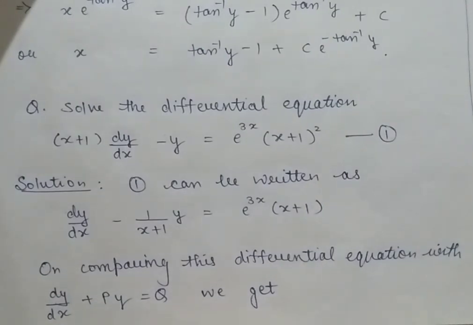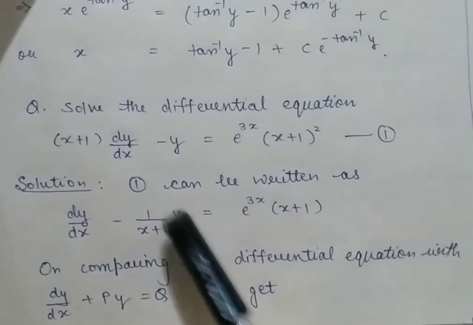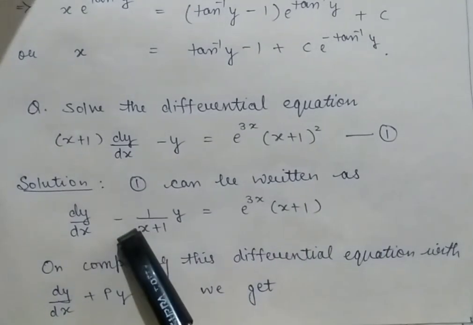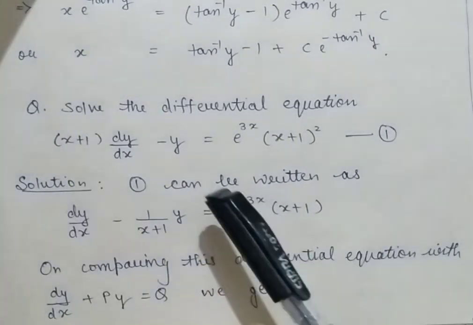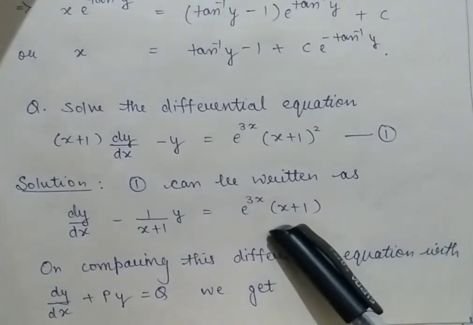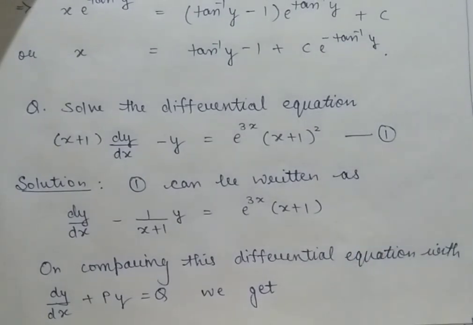So we will first write this equation in the form dy by dx. If I mark this equation as 1, then 1 can be written as dy by dx minus, if I take x plus 1 in the denominator, minus 1 upon x plus 1 into y equal to e raised to the power 3x, and one x plus 1 will cancel out, so this is x plus 1.